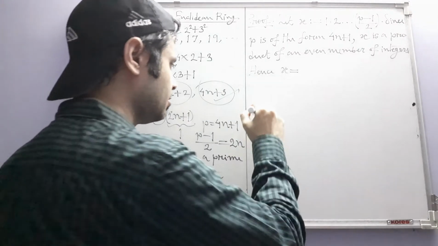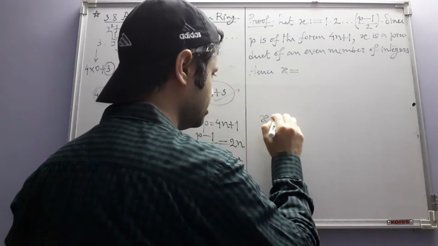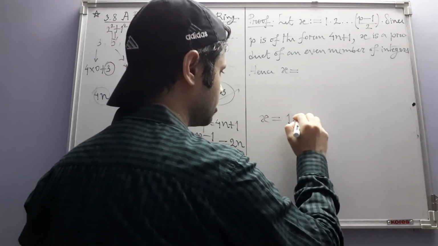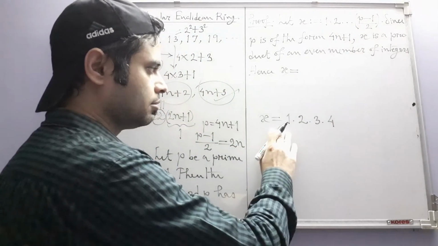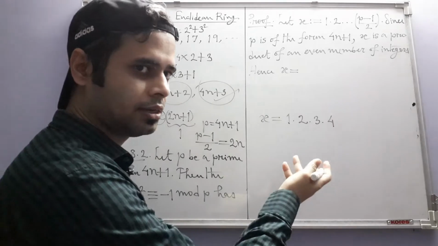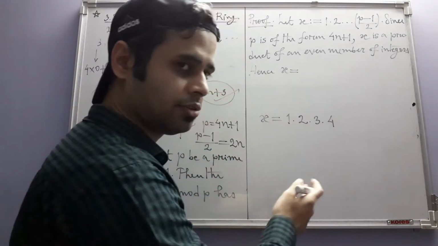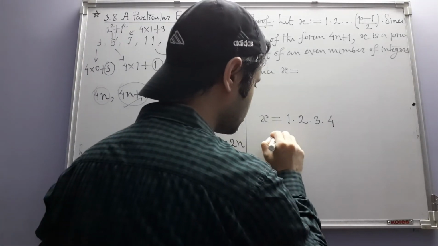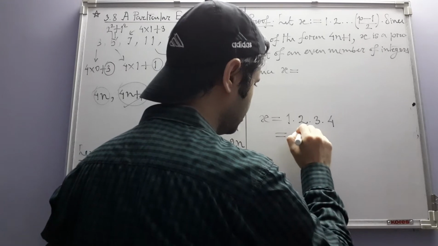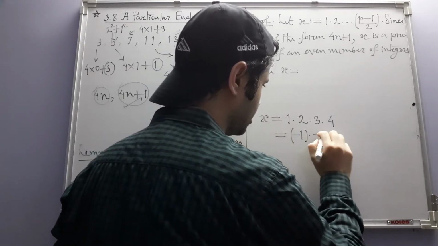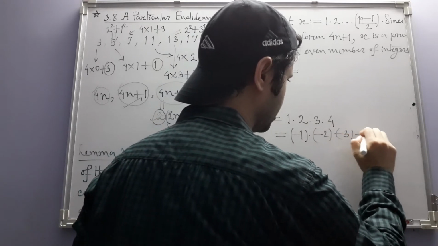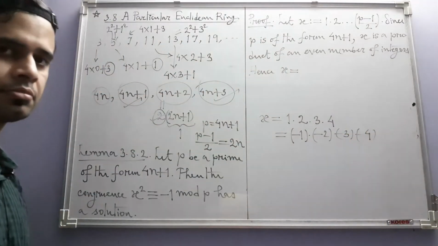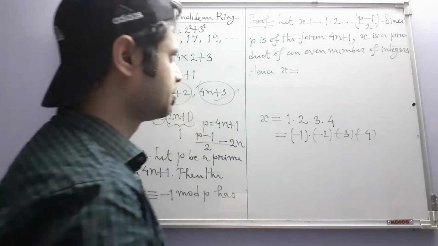It's like having, say, x equal to 1, 2, 3, 4. Here there is an even number of factors, so in place of this we can write minus 1, minus 2, minus 3, minus 4, because of that evenness.